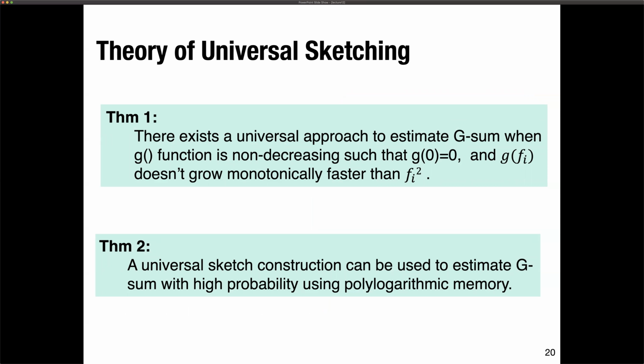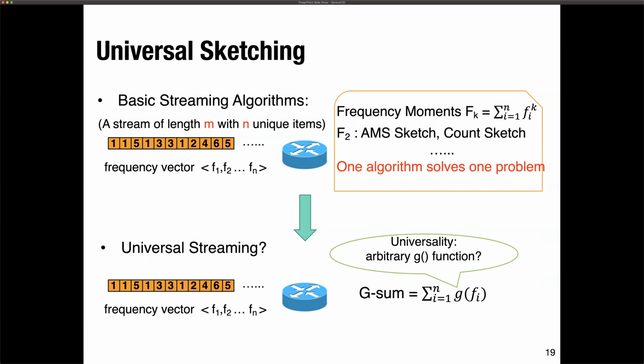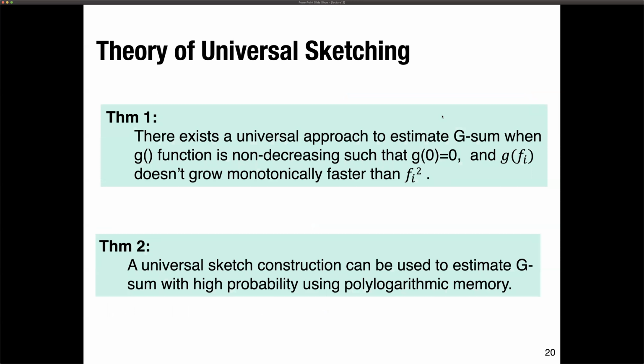So fi squared is what? The L2 norm, right? The second order norm. So here fi squared is basically the second order frequency moment, where fi is raised to the power 2 and the sum is considered, right? So as long as this g is not growing monotonically faster than fi squared, or the L2 norm of the data, then it is possible to estimate the GSUM.